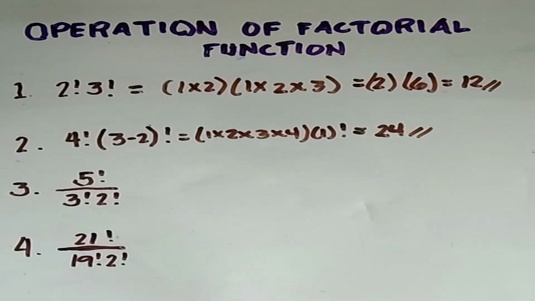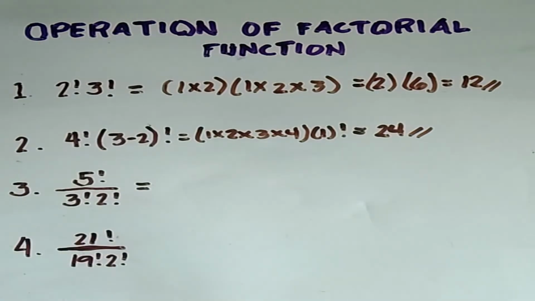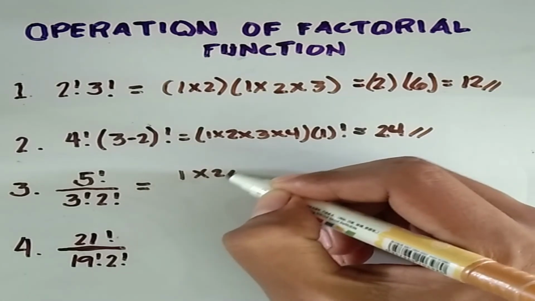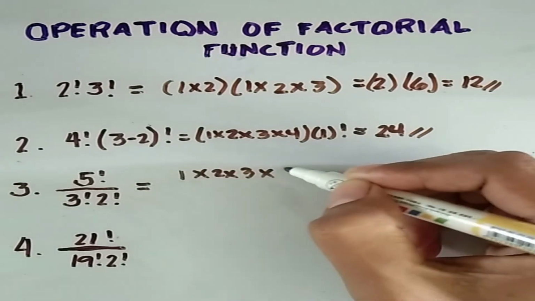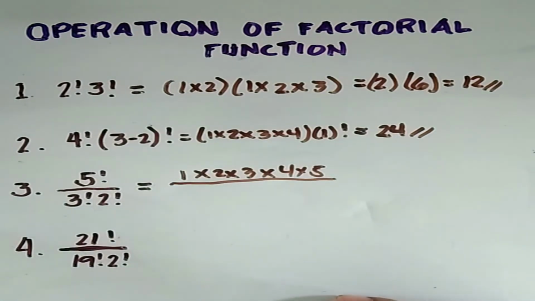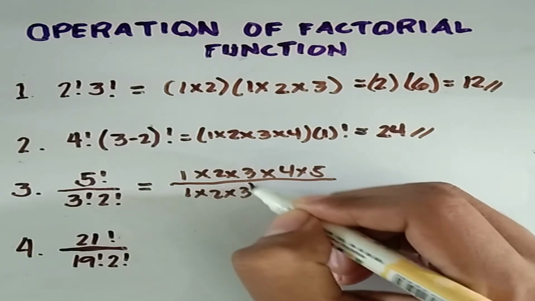Number 3, 5 factorial over 3 factorial times 2 factorial. 5 factorial is 1 times 2 times 3 times 4 times 5. 3 factorial is 1 times 2 times 3.